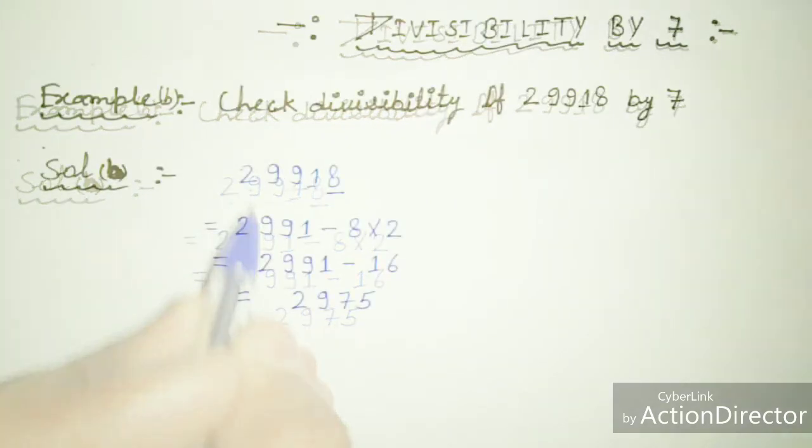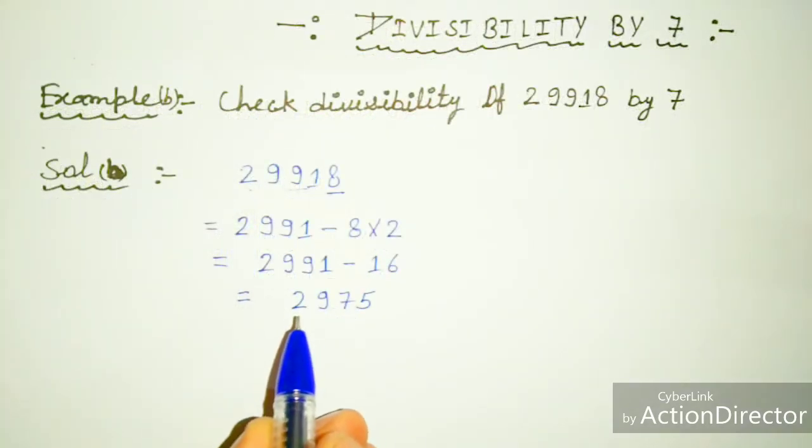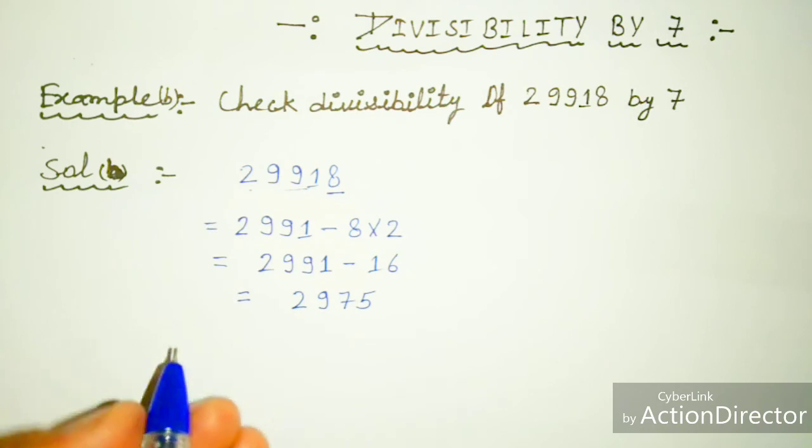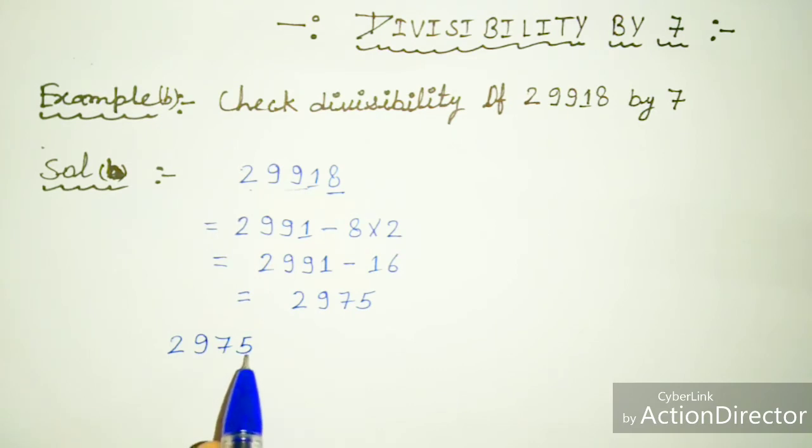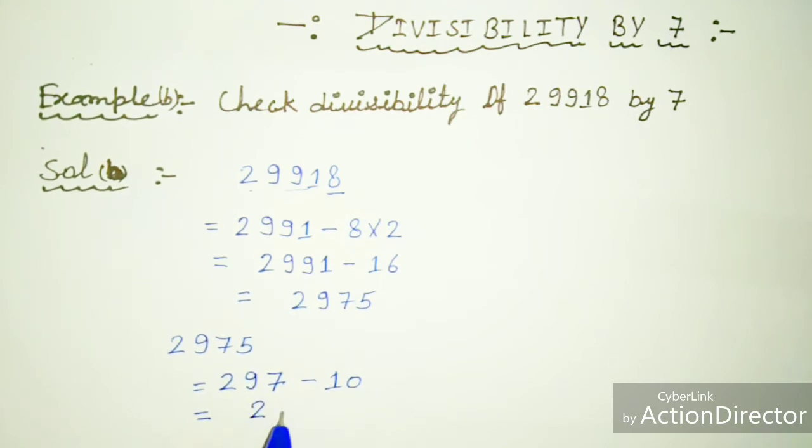Now we repeat this rule again with 2975. The last digit is 5. Now we double it: 297 minus 5 times 2, that is 10, and it gives the difference 287.